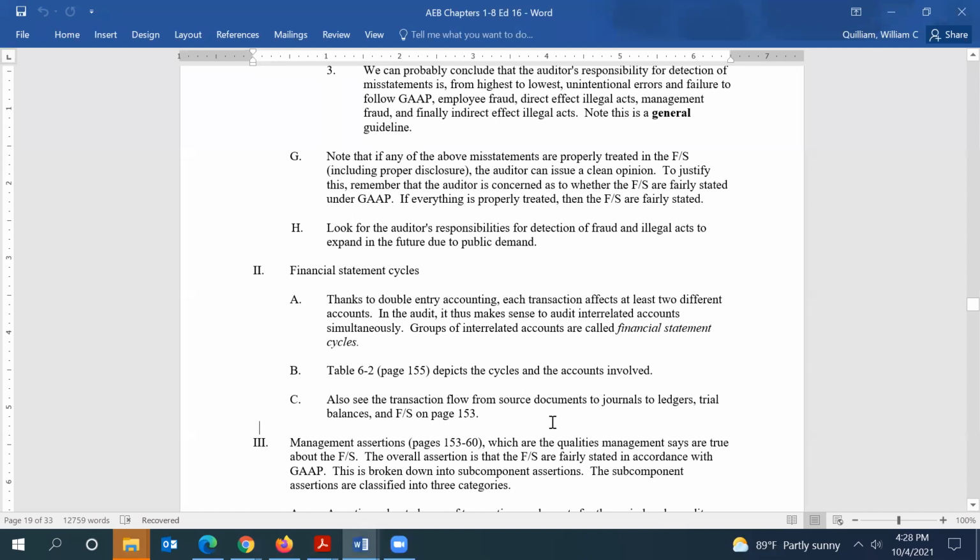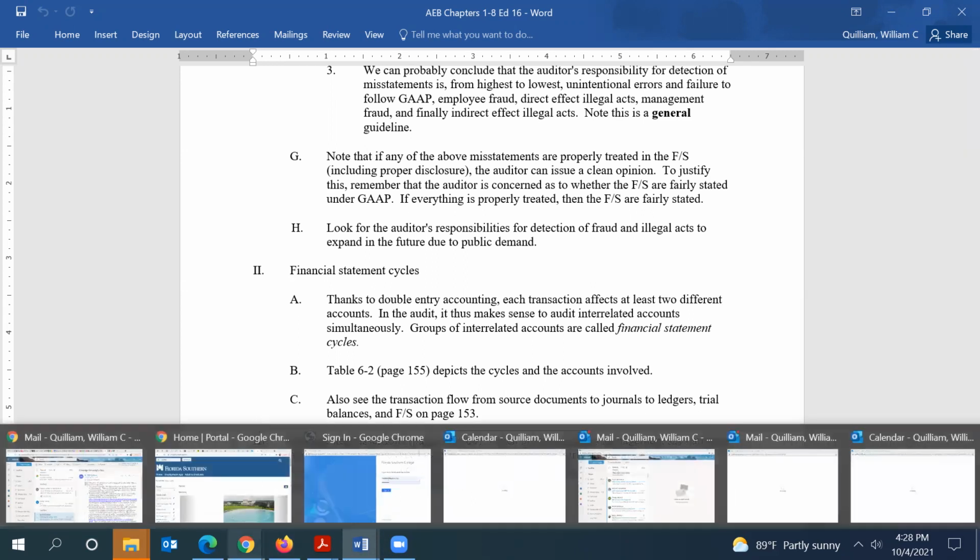Then, looking at C here, we can also see the transaction flow from source documents to journals to ledgers, trial balances, and financial statements on page 153 of our textbook.